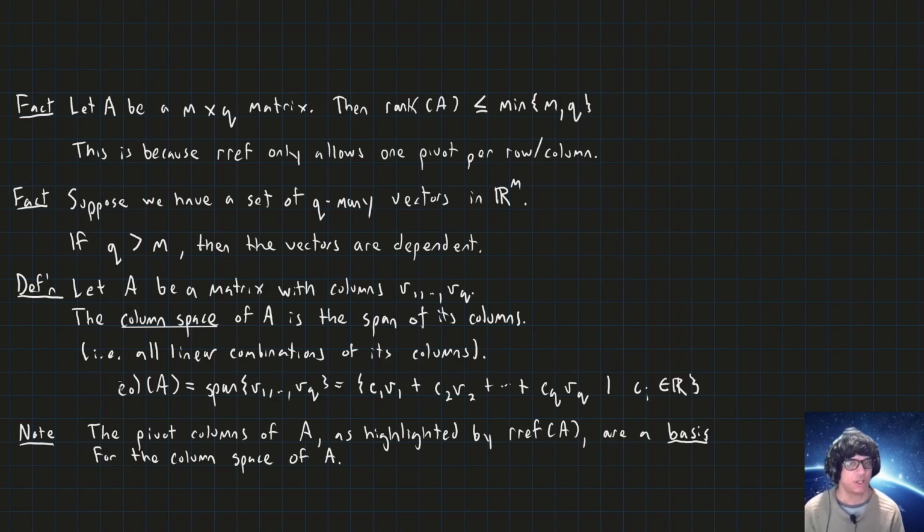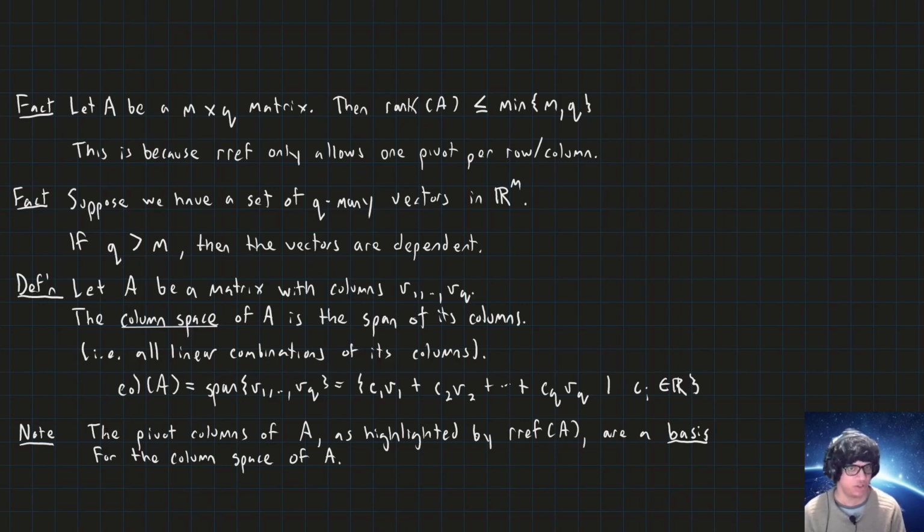This is the notation we use: we write col A is equal to the span of the columns, which is equal to the form of a linear combination of the columns, where the weights are all of the real numbers. That's the definition of the column space.